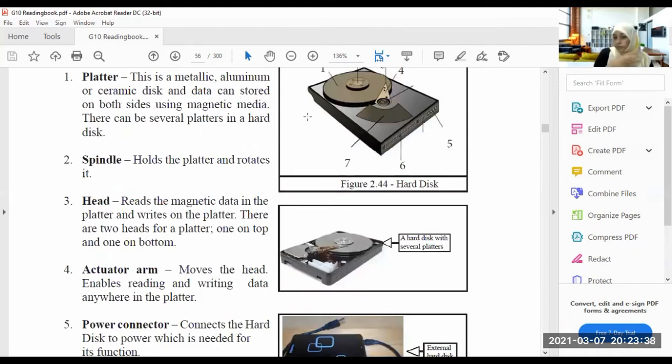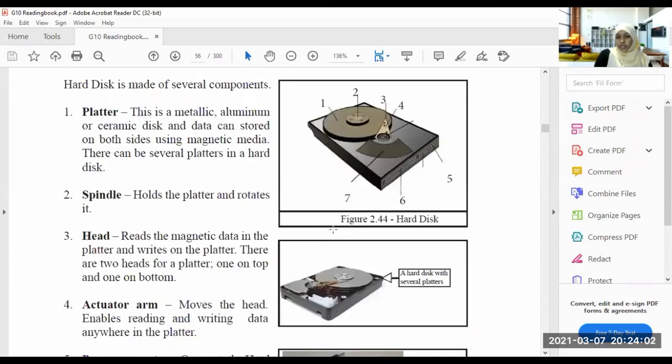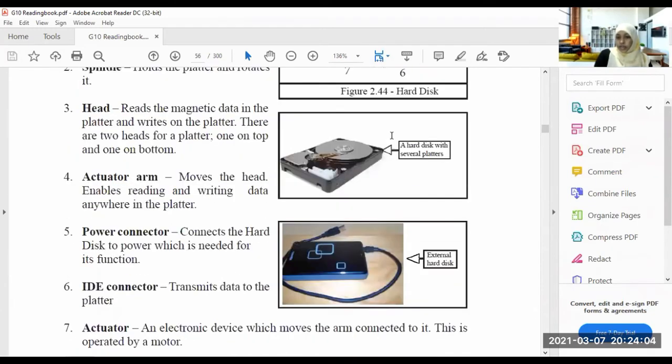So there are a lot of parts in the hard disk. See here, there are several platters, like 3 or 4, and each platter has heads to write and read the data and information. This is an internal hard disk.